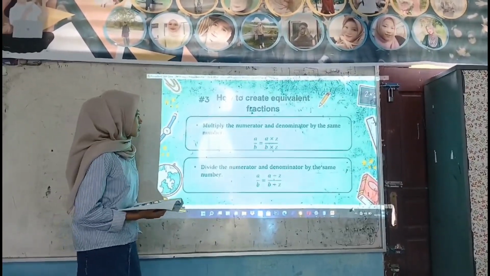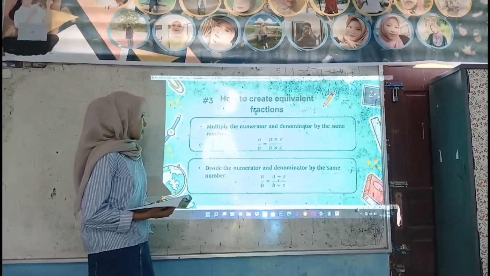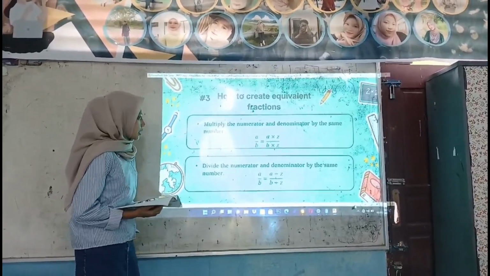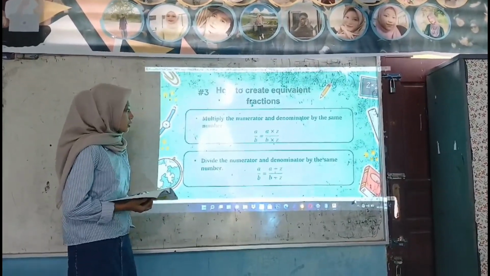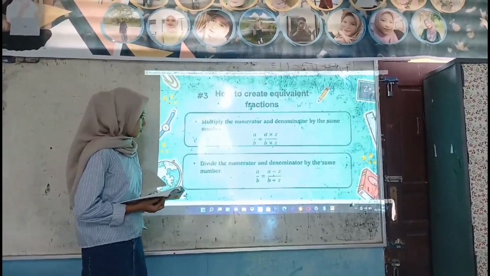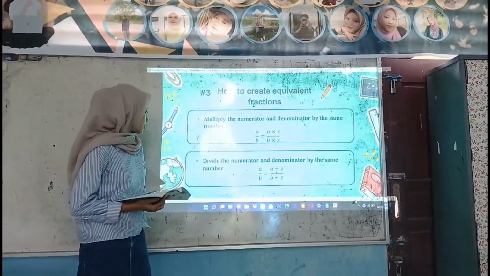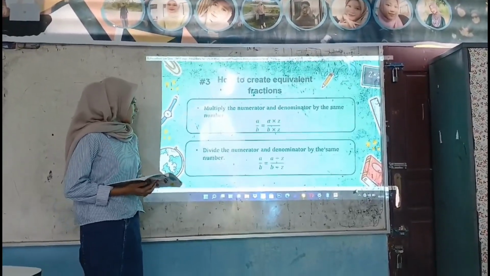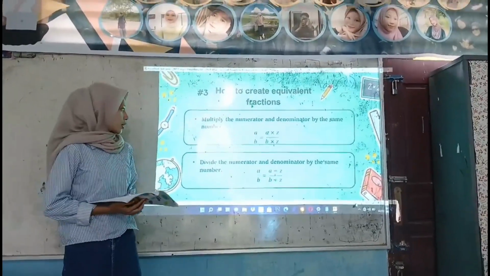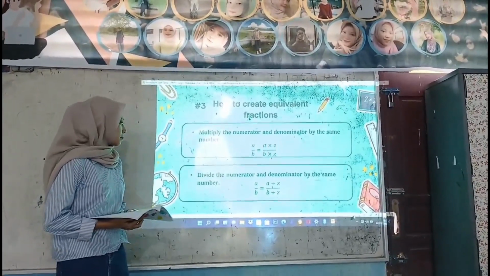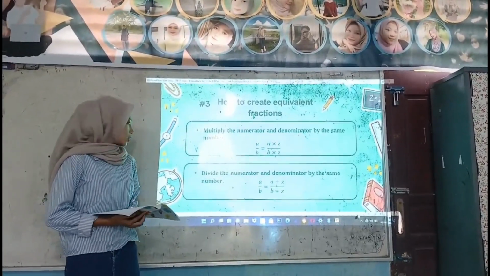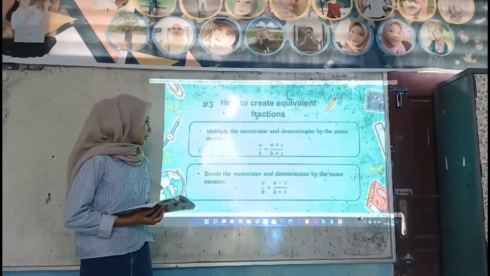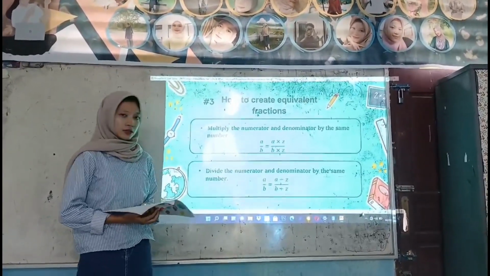Multiply the numerator and denominator by the same number: A over B equals A times Z over B times Z. Divide the numerator and denominator by the same number: A over B equals A divided by Z over B divided by Z.